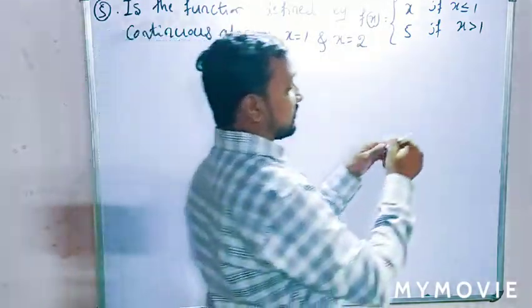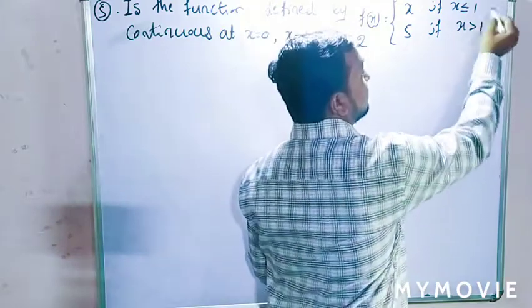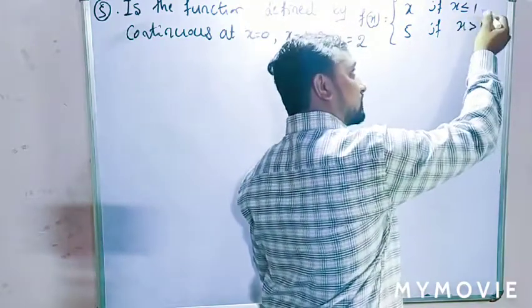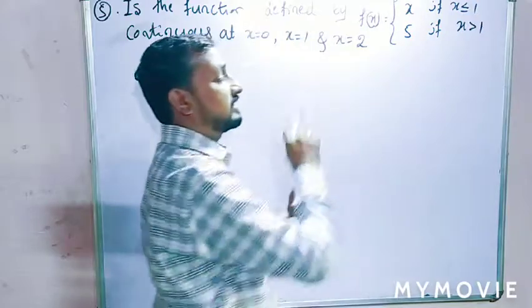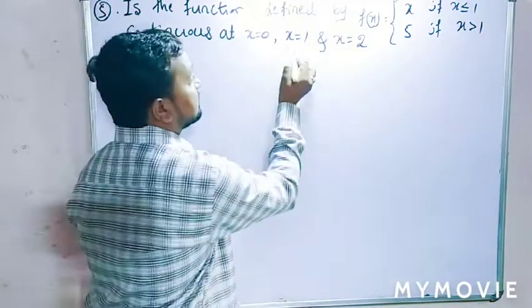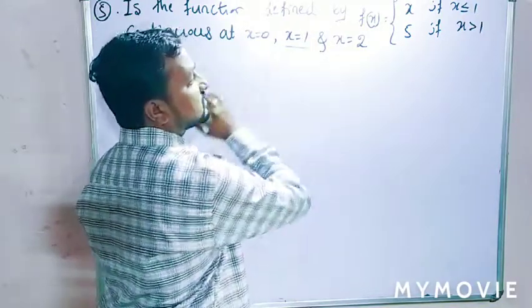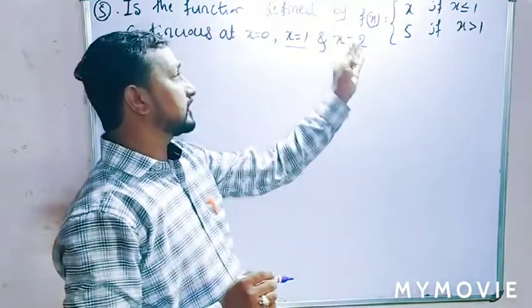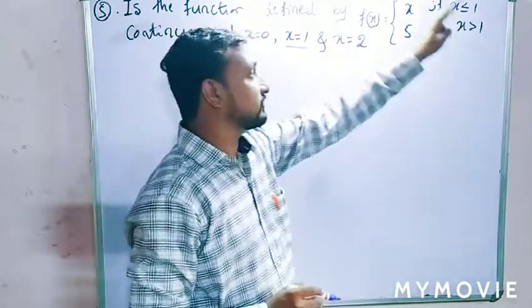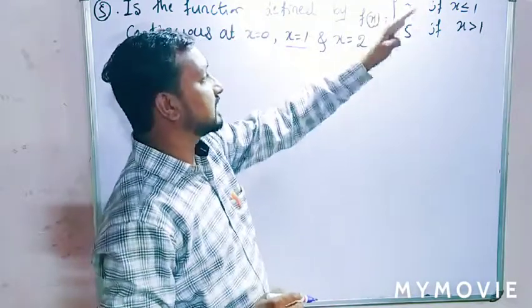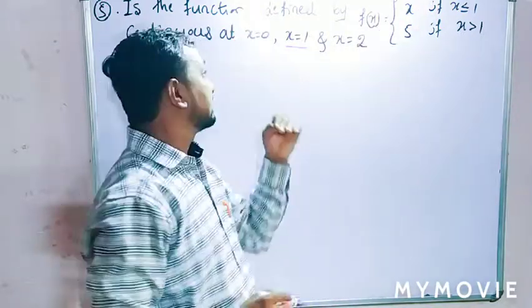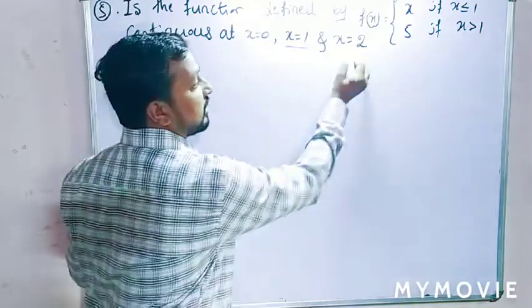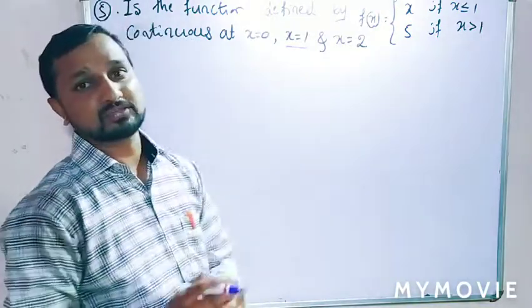So a very simple example, students. Here see that x is less than 1, equal to 1, or greater than 1. But this is very easy because when x is less than 1, the function is continuous, and when x is greater than 1, the function is continuous. Then we can check LHL and RHL. Okay. Here x equal to 0 and x equal to 2 are very important, students.